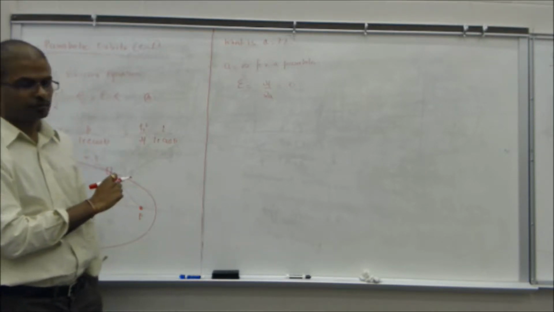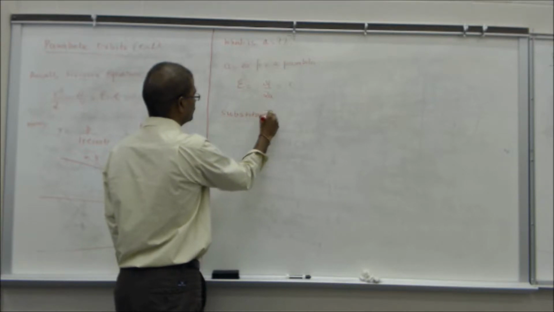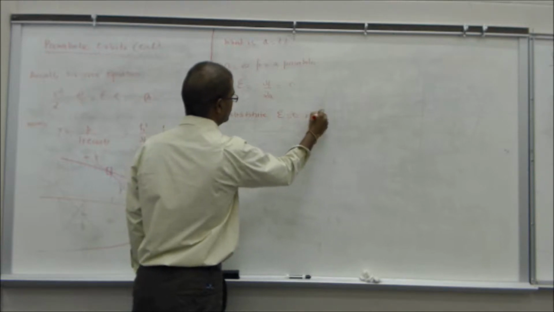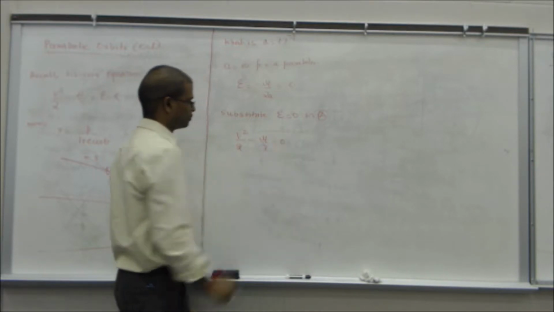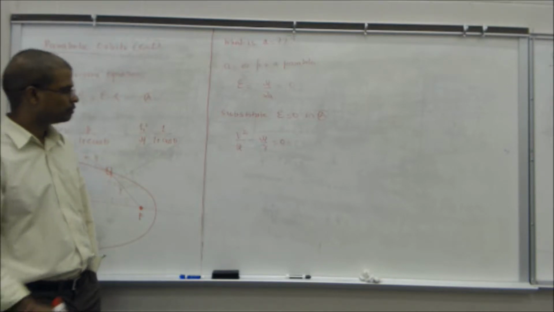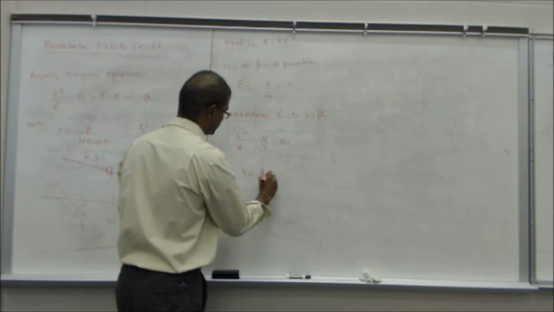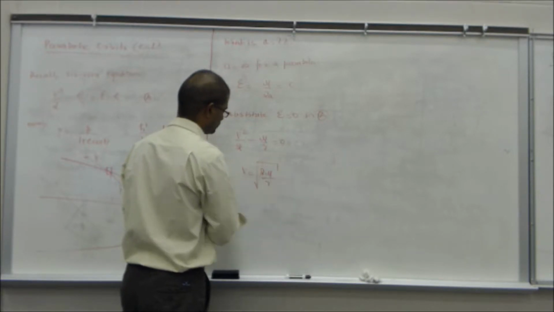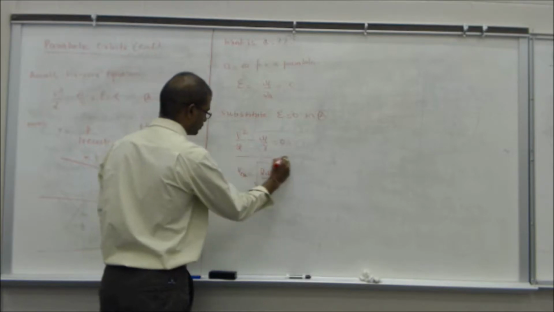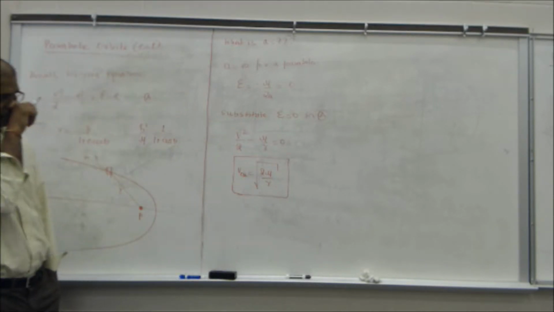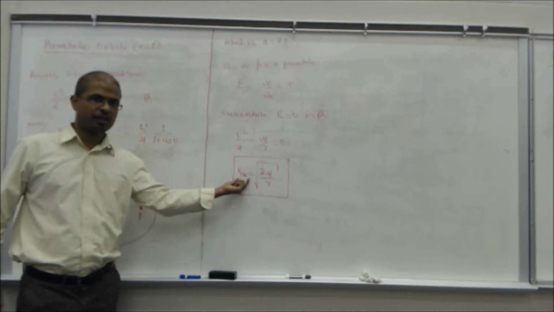If epsilon is equal to 0, this V escape is the escape velocity.